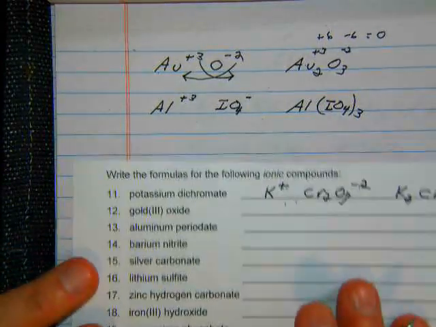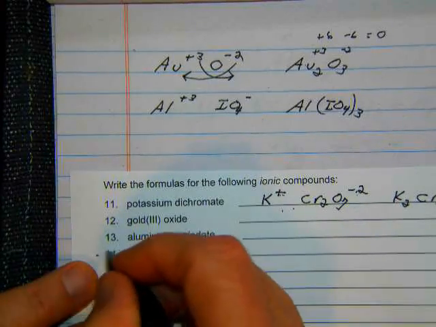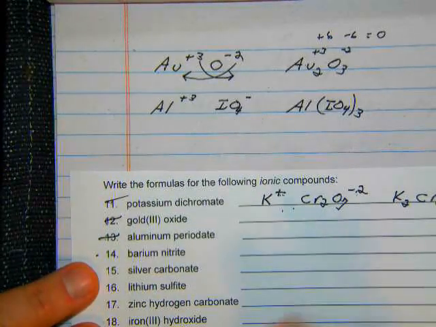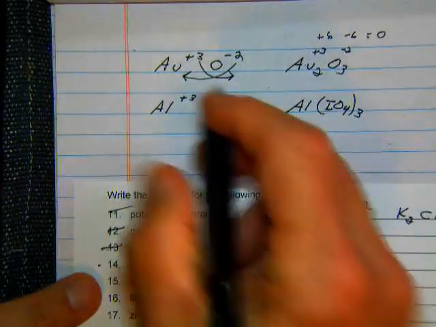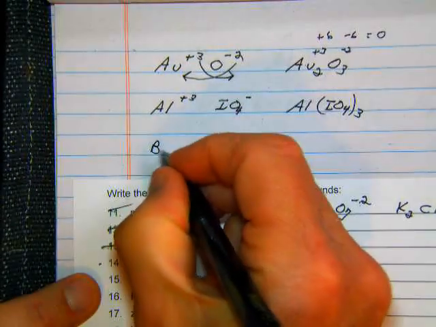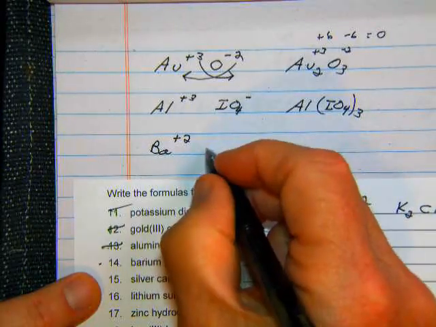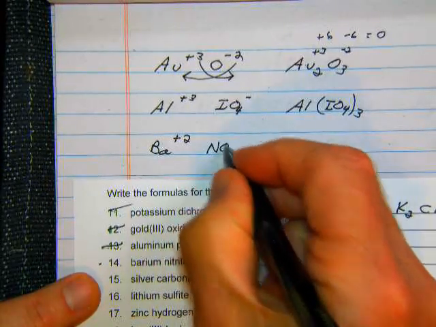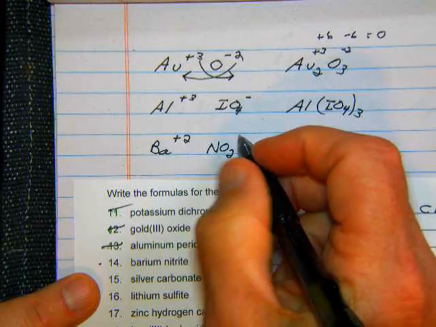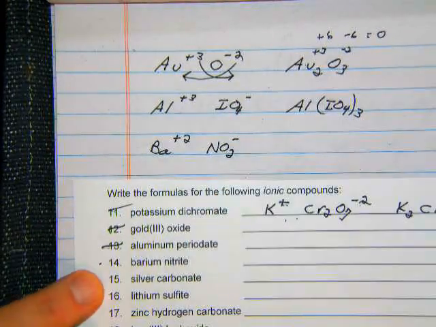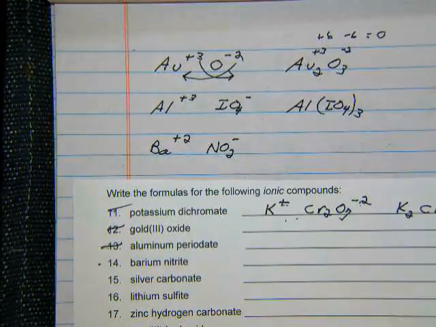Let's look at the next one. Get this one done. So barium nitrite. Barium has a +2. Nitrite is NO2 with a -1 charge. Go back to your chart of polyatomic ions on those.